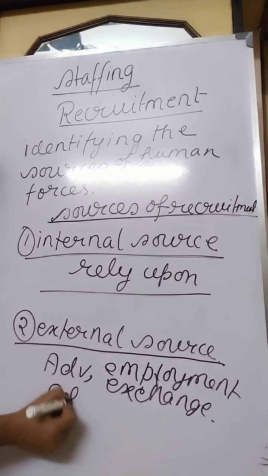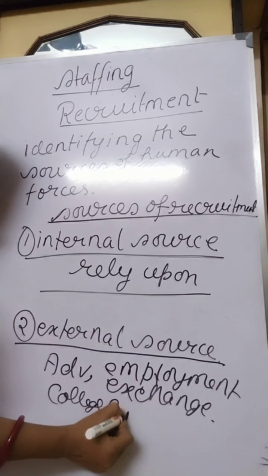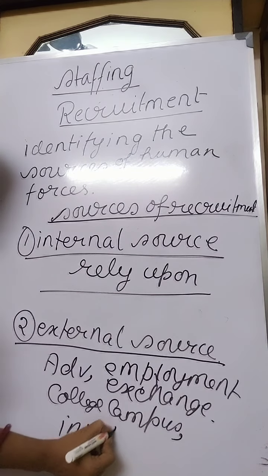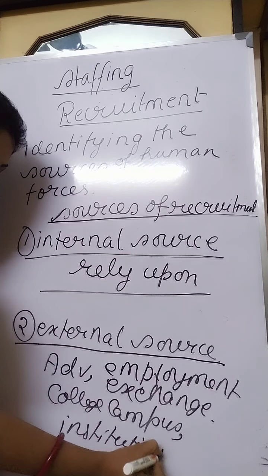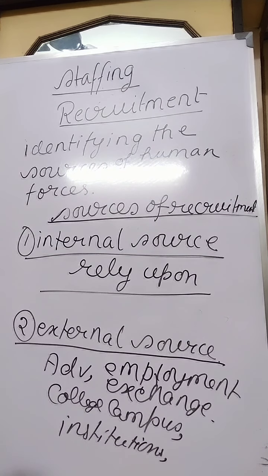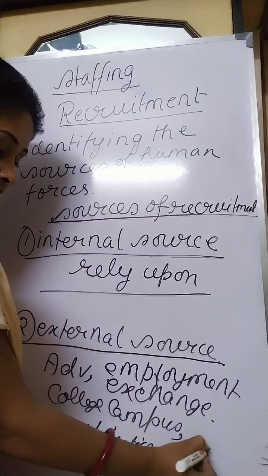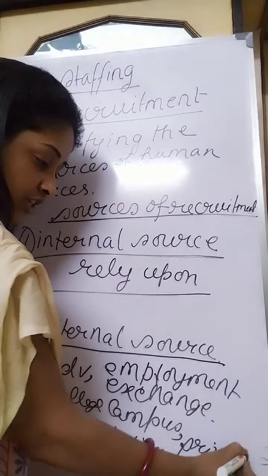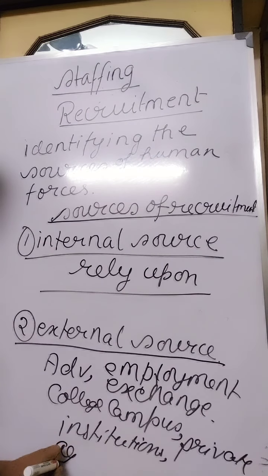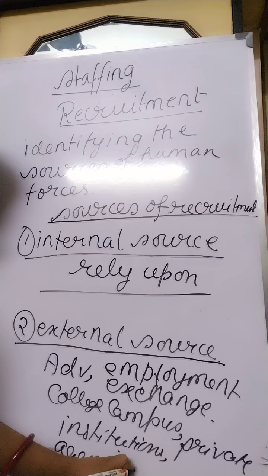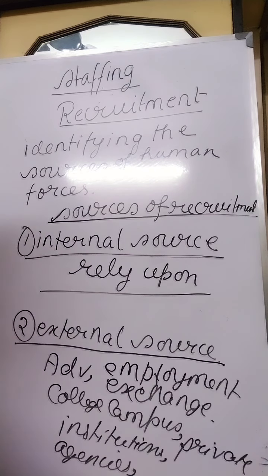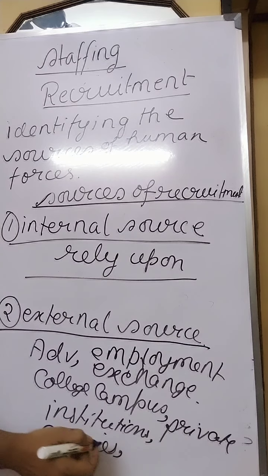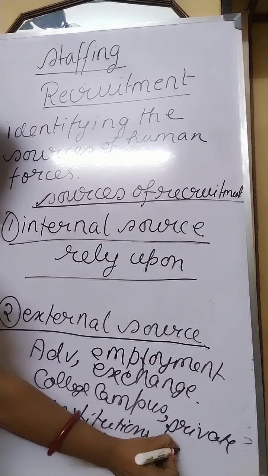So college campuses, various kinds of institutions, and private agencies called consultancies can be sources. Apart from private agencies, labor contractors can also be hired for a certain period.